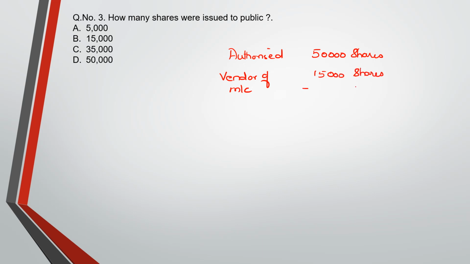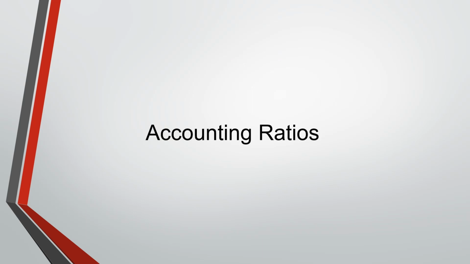Therefore, the rest of the shares, which is 35,000 shares, were issued at par to the public, and therefore issued to the public would be 35,000 shares. Therefore, the right answer would be C, 35,000 shares of rupees 100 each, 70 called up and paid up, is the number of shares which were issued to the public. So with that, the case has finished up.